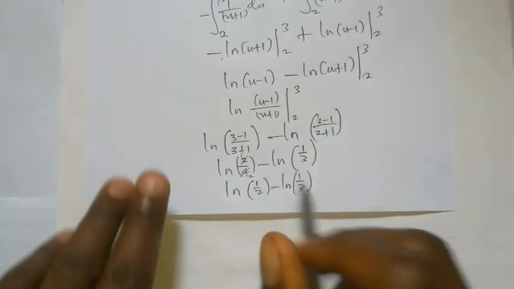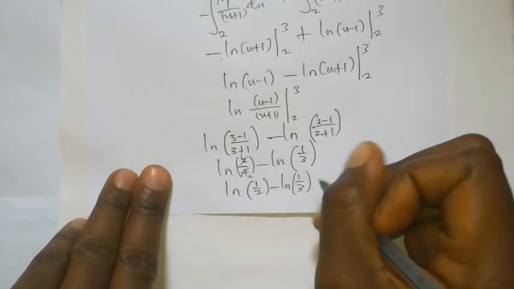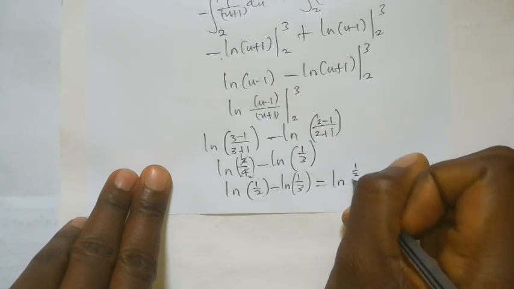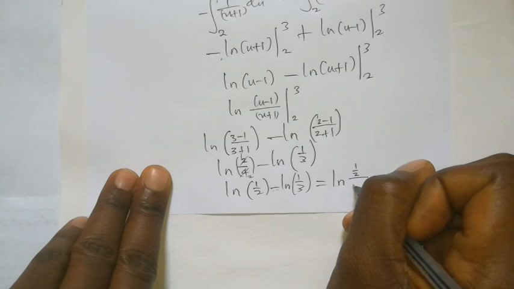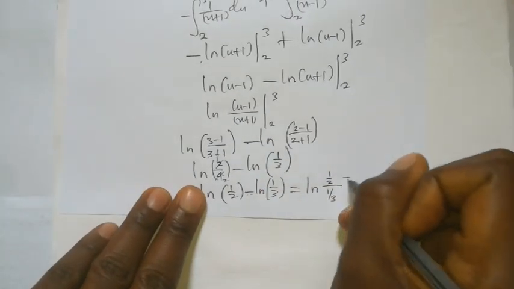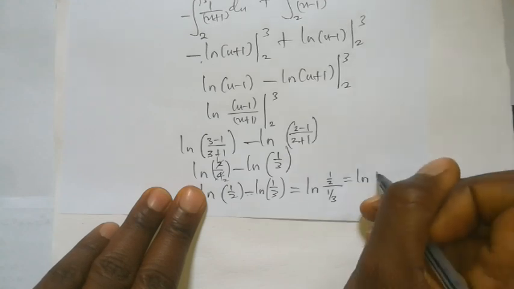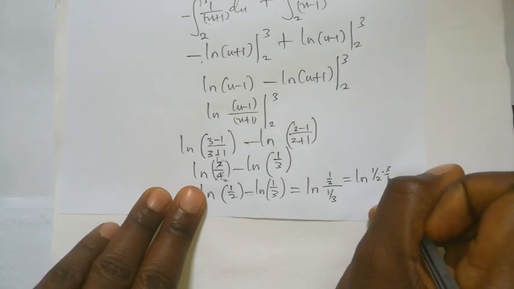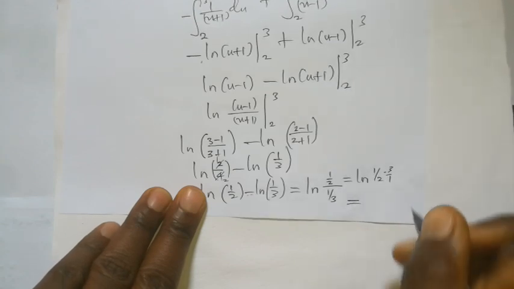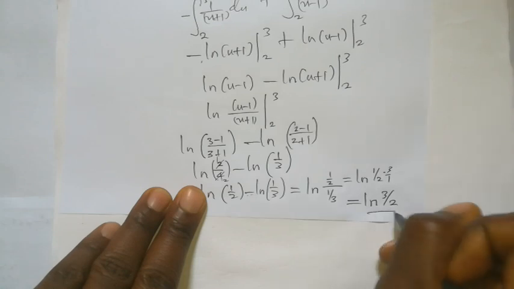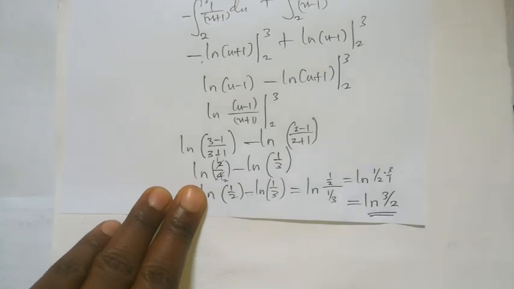Also, using the laws of logarithm, we have ln of 1 over 2 divided by 1 over 3, so we have ln of 1 over 2 times 3 over 1. So our answer now is going to be ln of 3 over 2. This is going to be our final answer.